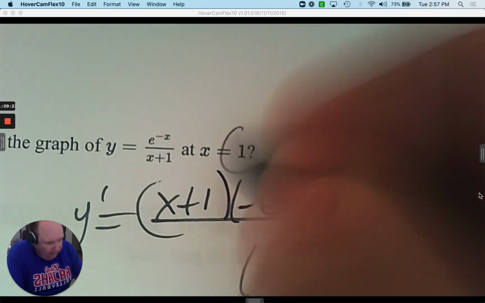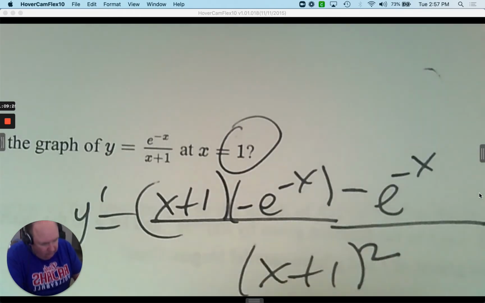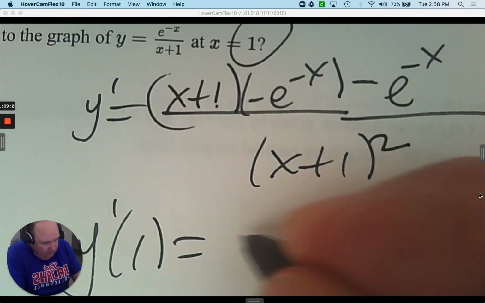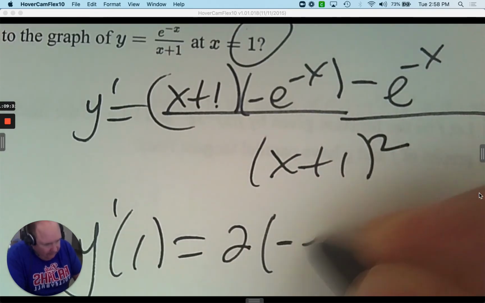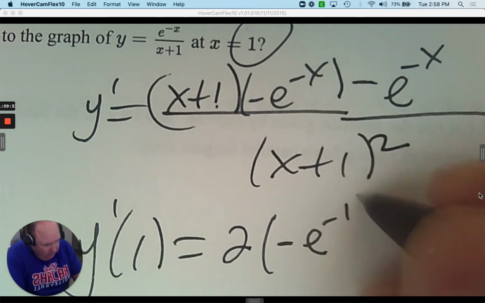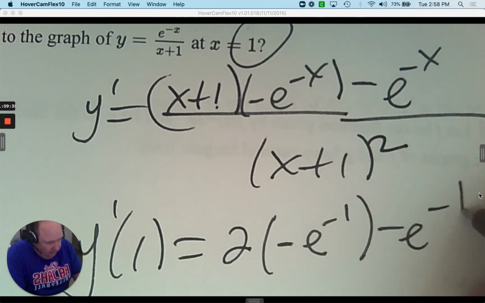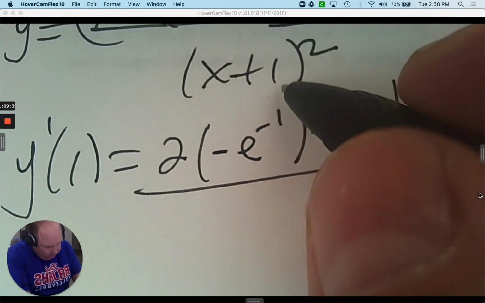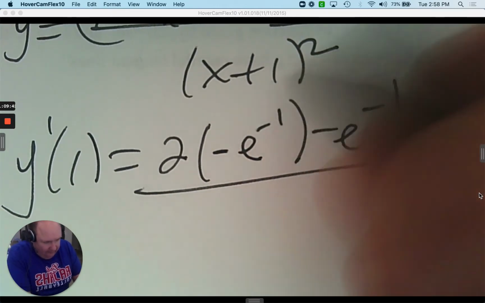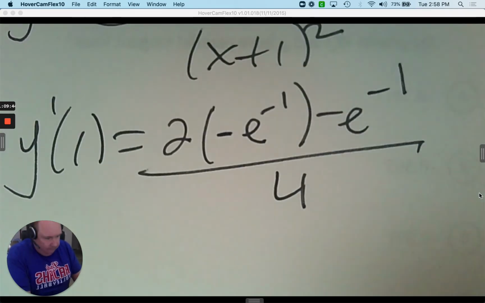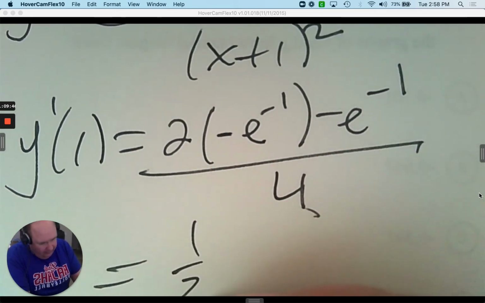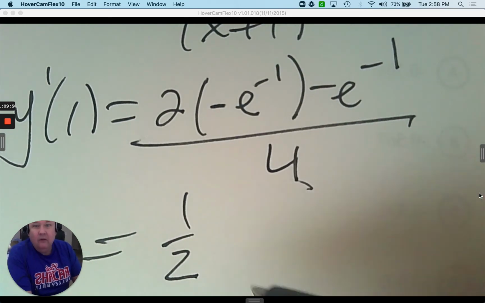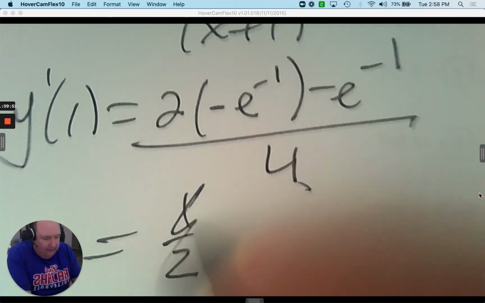Then it said plug in 1 for x. So what's the derivative at 1? So 1 plus 1 is 2. That's -e to the -1 to the -1 all over 1 plus 1 is 2 squared, which is 4. 2 divided by 4 is 1/2. Negative e, so well, let's combine like terms first.